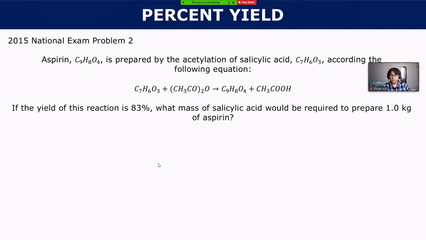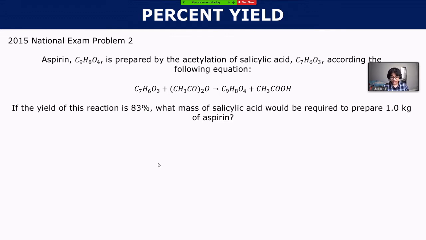I think the best way to practice this theoretical yield stuff is just going into a problem. And we have this very daunting problem here that says aspirin, C9H8O4, is prepared by the acetylation of salicylic acid, C7H6O3, according to the following equation.